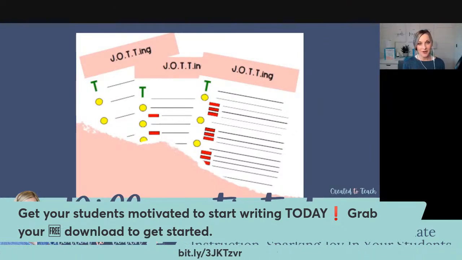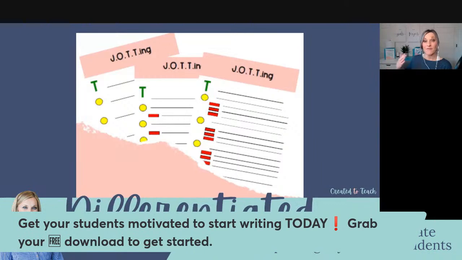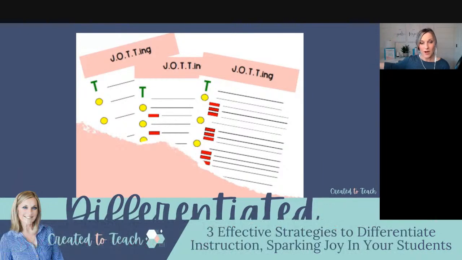It doesn't matter how your students end up with their final product. And I'm not talking per se about the final writing piece. I'm talking about maybe if drafting is all you're doing, then whatever the product is, it doesn't have to be even writing, whatever the product is, the end goal, we want to make sure that the process is differentiated. They're still going to have an end goal.